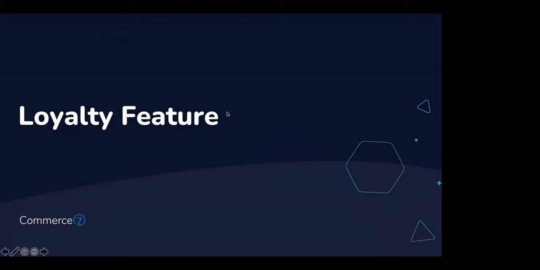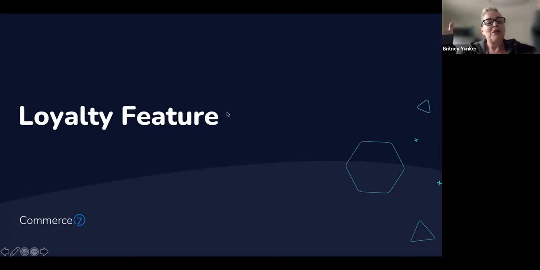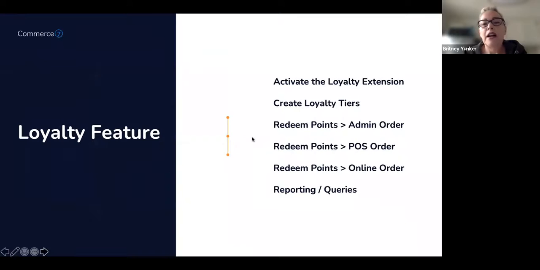Okay, cool. So today, of course, we're talking about the loyalty feature, and it's robust, with many super awesome parts to it. So we're going to be talking about all of those today. Specifically, we will first talk about activating the loyalty extension, and then we're going to be creating some loyalty tiers.